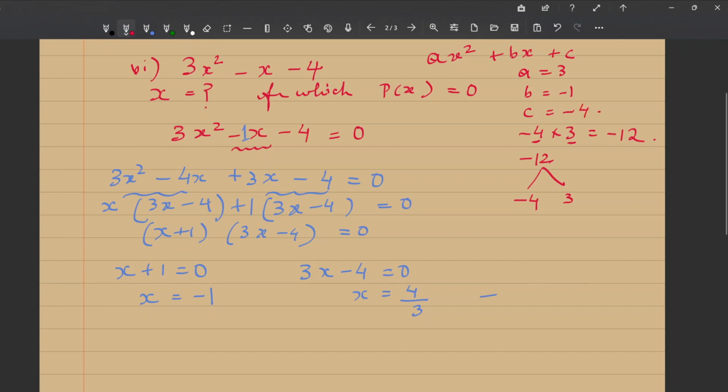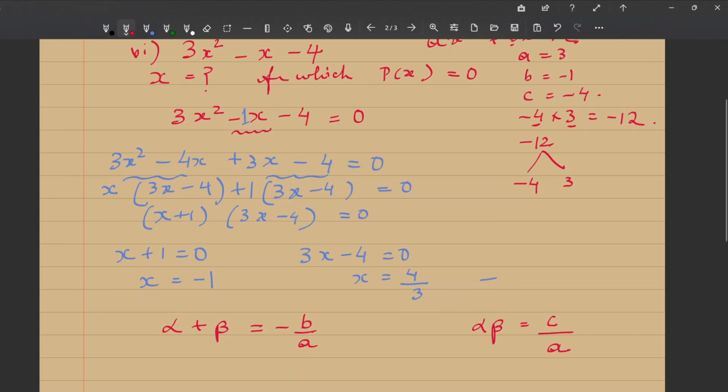Now, what is the relationship between the zeros and the coefficients? If alpha and beta are the zeros, alpha plus beta should be equal to minus b by a. b by a in the sense coefficient of x by coefficient of x squared. And alpha beta should be equal to c by a, c is the constant term by coefficient of x squared. So, let's see if they are true.